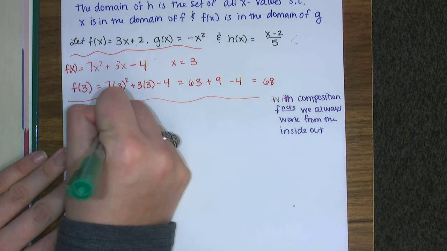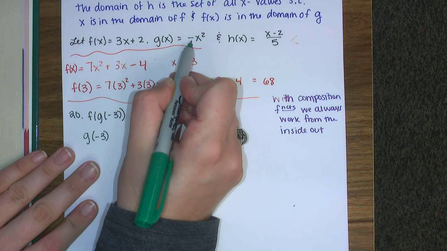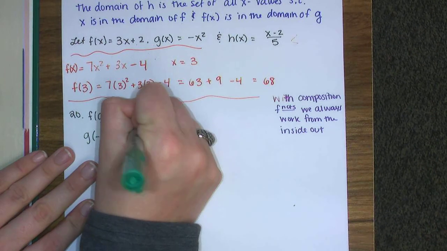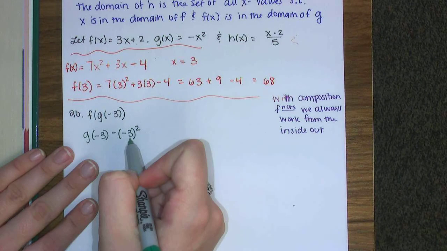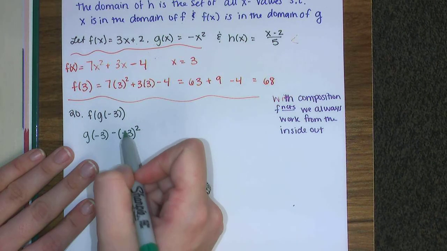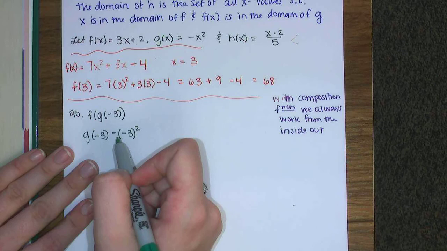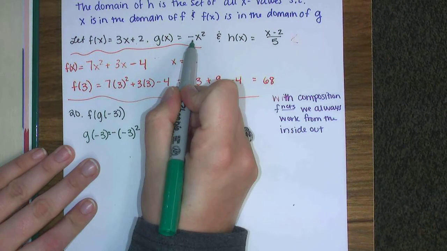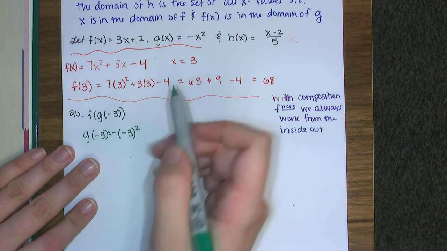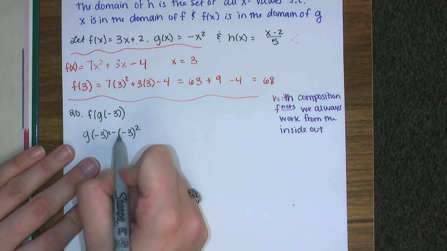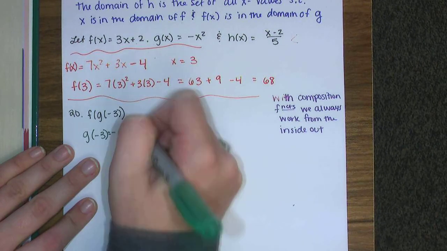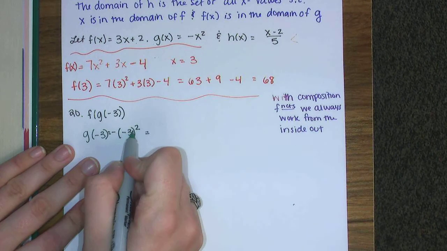Because I'm told that g of x is negative x squared, but I want to plug in negative 3, so it's negative, parentheses, negative 3 squared. The negative 3 squared becomes positive 9, but I still have this negative out here, so it's going to be negative 9 now.